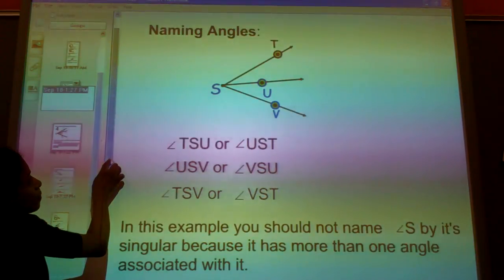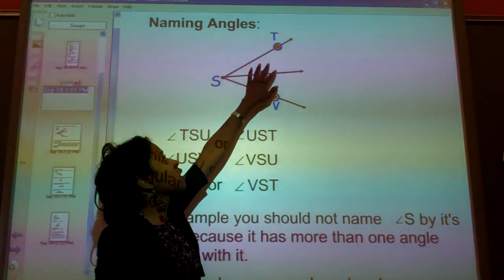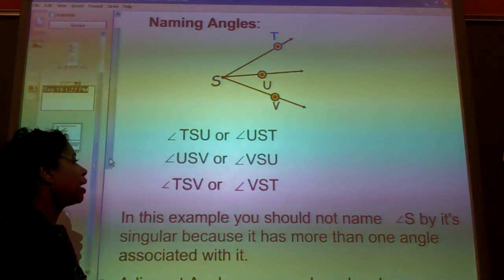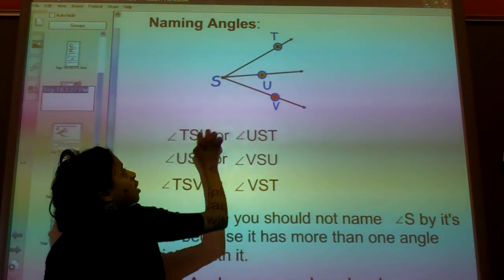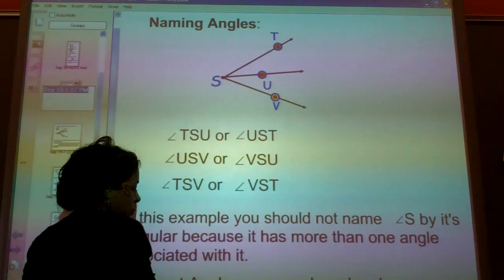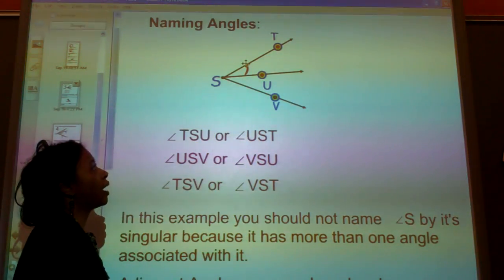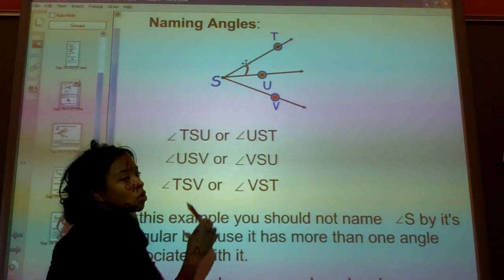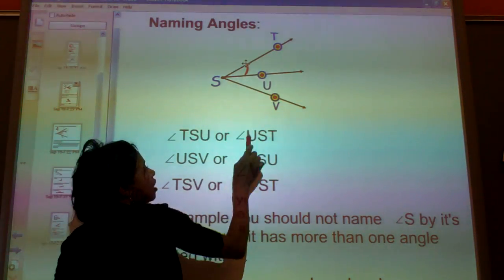Naming angles. In this particular angle, I see 4 angles. If we name them, we can name the first one angle TSU, meaning this angle here, angle TSU. I can also name that angle UST.